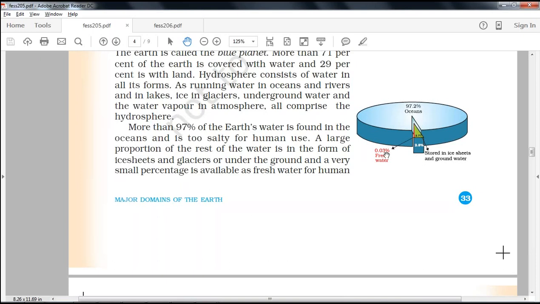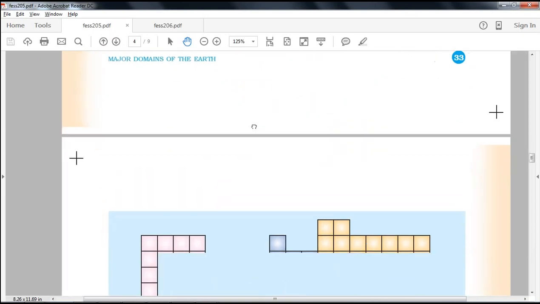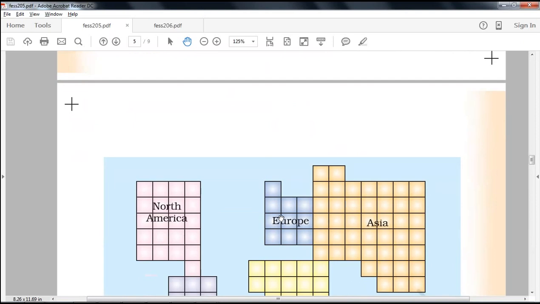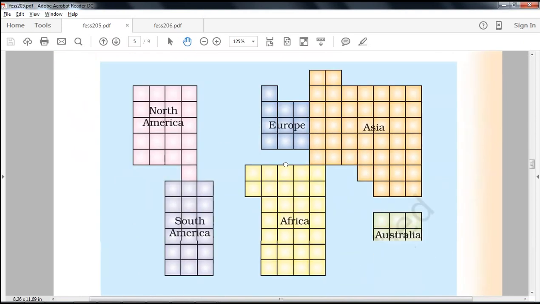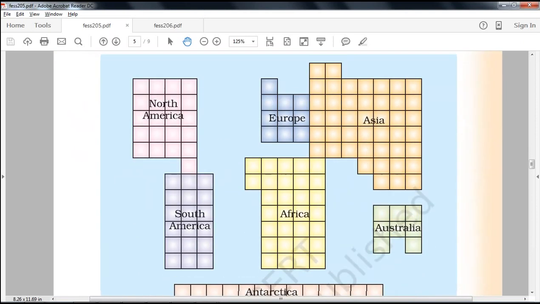So only 0.03% of fresh water, a minuscule proportion of the whole, is available for human consumption, maybe in the form of rivers, lakes, etc. So it makes sense to use water very efficiently, and we have to conserve water so that we don't get scarcity of water, and also to protect future generations from water scarcity.